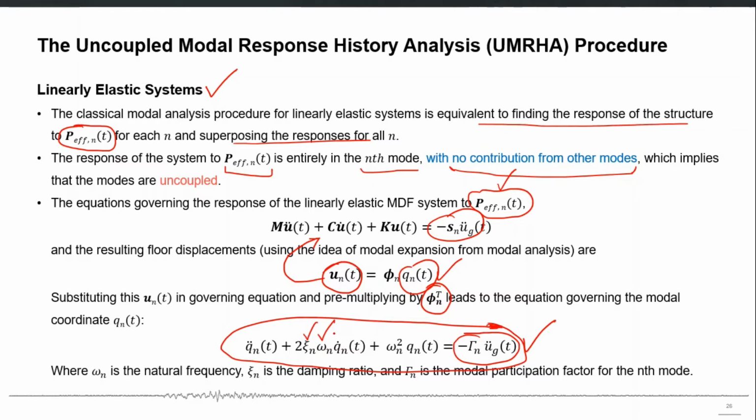So this equation mathematically is representing a single degree of freedom system for that nth mode, right? And this can be written for any other mode also. For any general nth mode, you can write it using this equation.